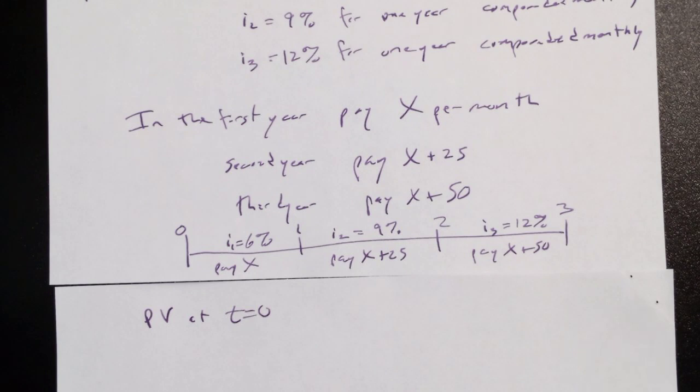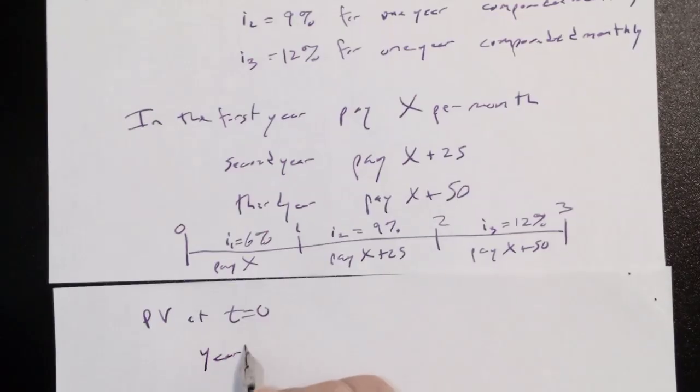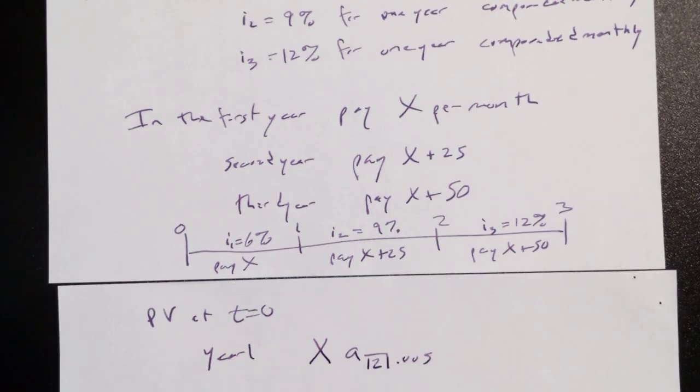If I just look at the present value for year 1, my present value for year 1 is my payment, 12 payments of 0.005. Why 0.005? Exactly, 0.6 divided by 12.